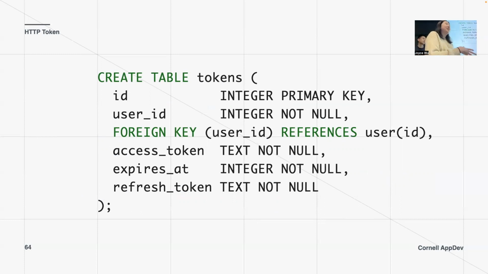So when you pass in the token, you know which user it corresponds with. Then you have an access token, which is cached in the front end and used to send in any request, and an expiration date for that token. And then you have the refresh token, which you'll use to refresh the access token. Once it's used, it'll expire.